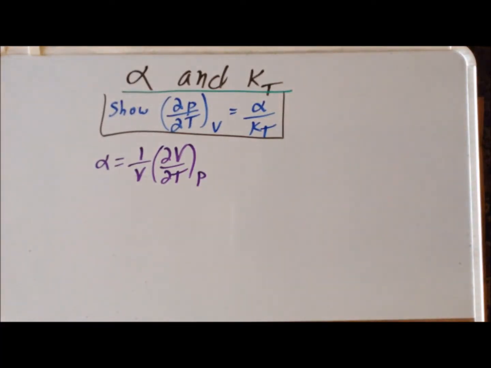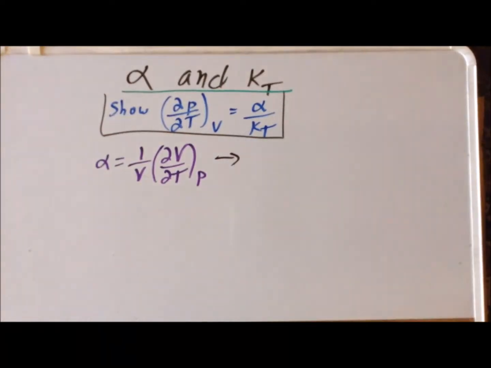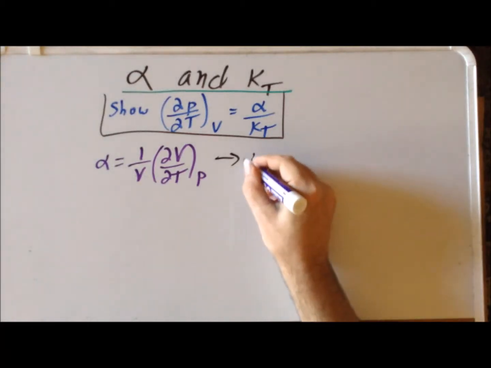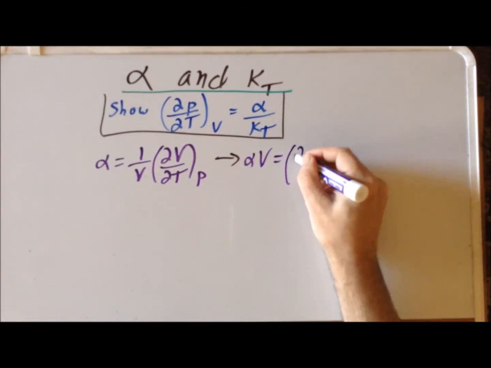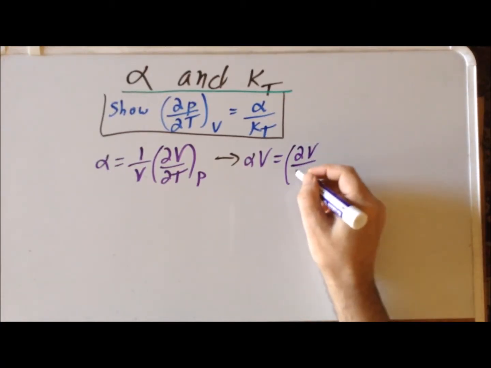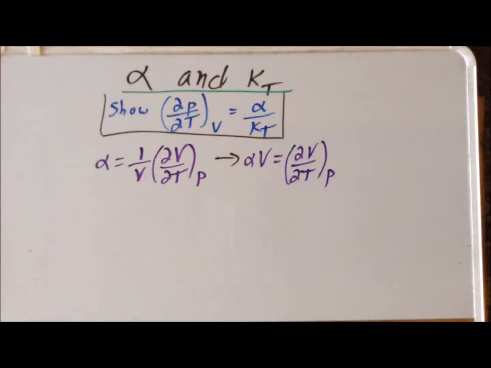A useful relationship we can get from this immediately is to multiply each side by the volume. It gives us that alpha times the volume is equal to the partial of the volume with respect to temperature at constant pressure.